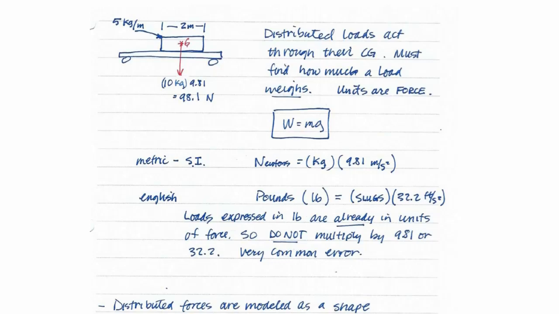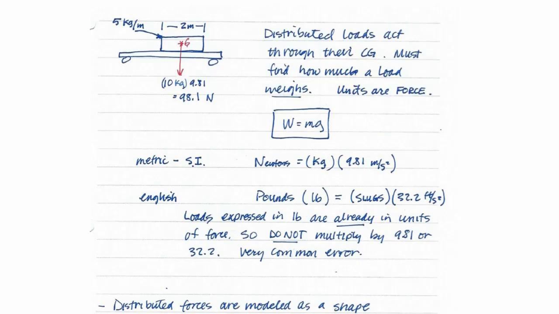So let's say that in the metric system, or the SI units, the weight will be expressed as a force, which is newtons, and that's going to be mass times gravity. In the English system, the weight will be expressed in pounds, and that will be the mass, and the mass in the English system is slugs, and then the acceleration of gravity is 32.2 feet per second squared.